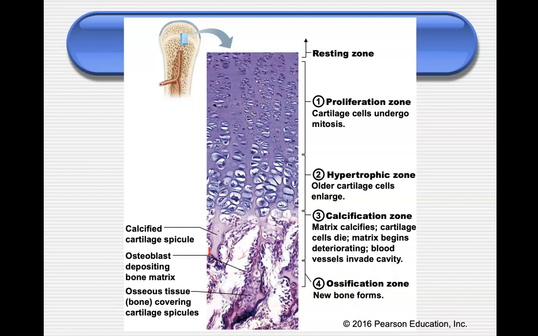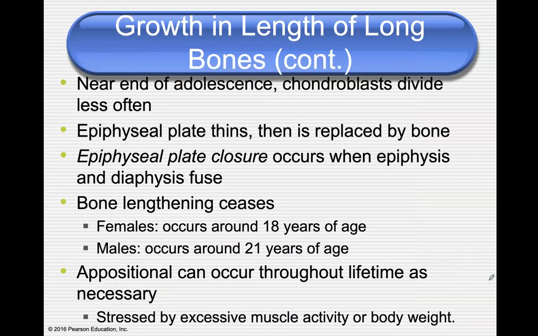So again, the big picture here is that you have the cartilaginous proliferation zone at the epiphyses, and at the diaphysis you have that ossification occurring, where cartilage is being replaced with bony matrix. So pretty cool process on how this all happens.